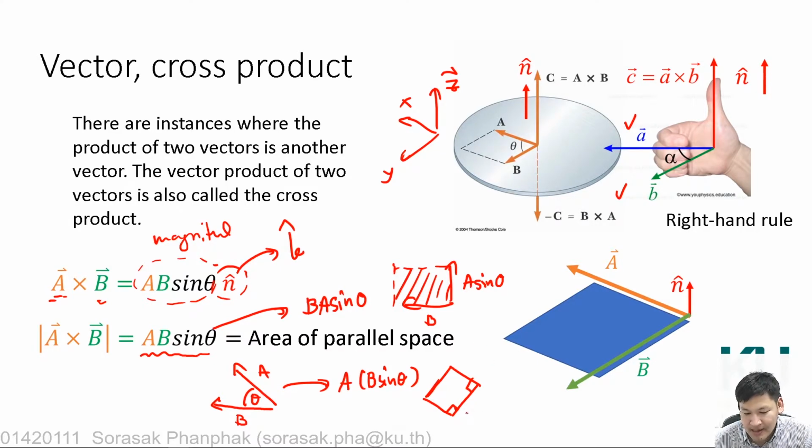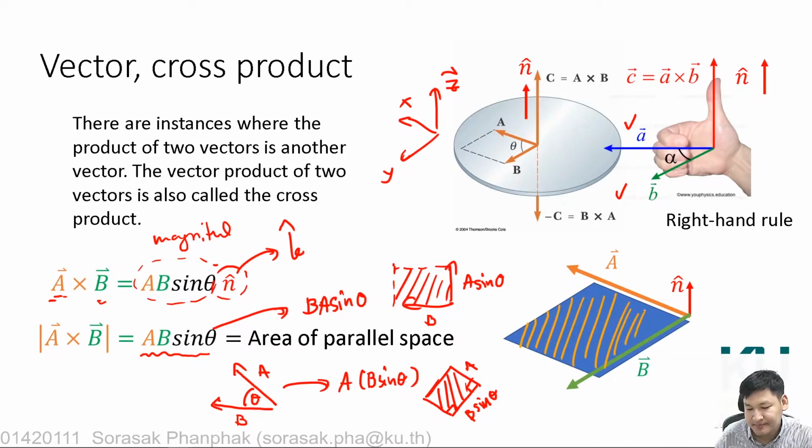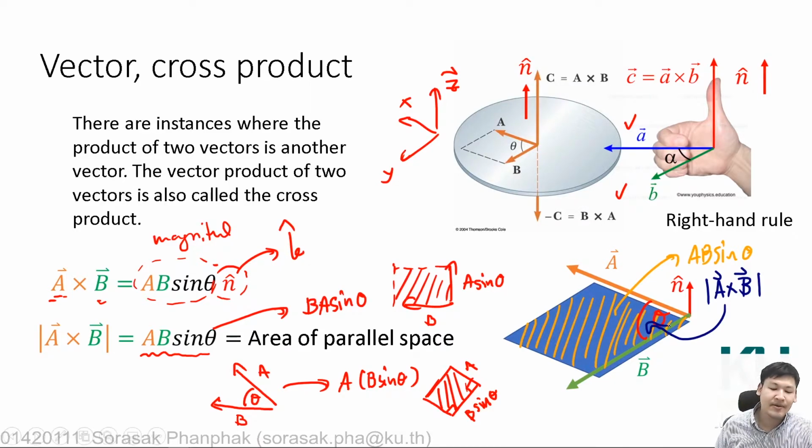And this part is your B sine theta, and this is A. This is the area, this area of the space. If you would like to determine this area, you can have AB sine theta, since this angle is the theta. Or if you don't know the theta, you just take the cross product and find out the magnitudes of A and B to find this area.